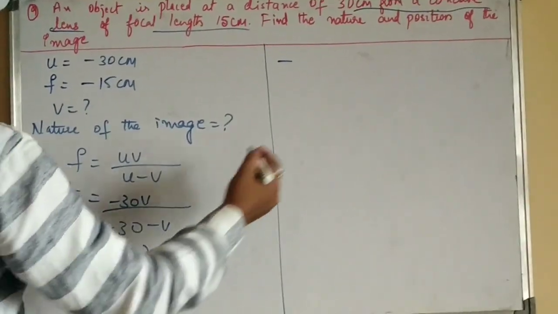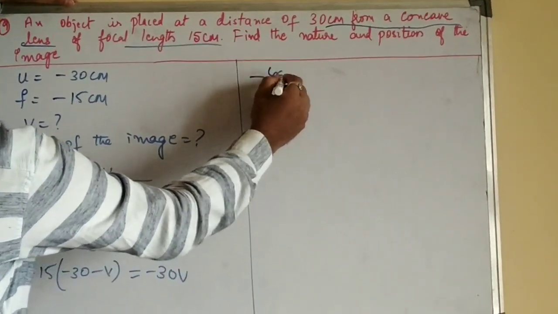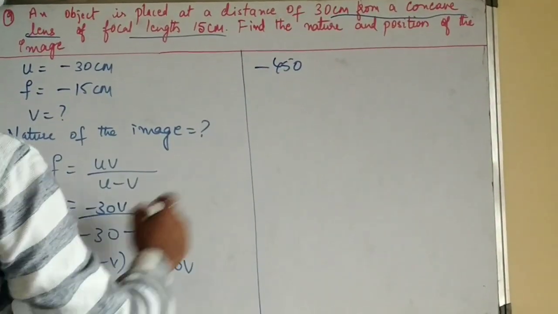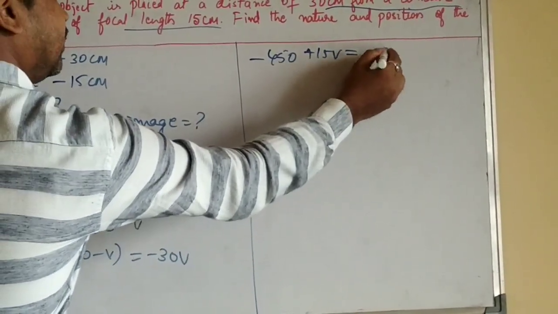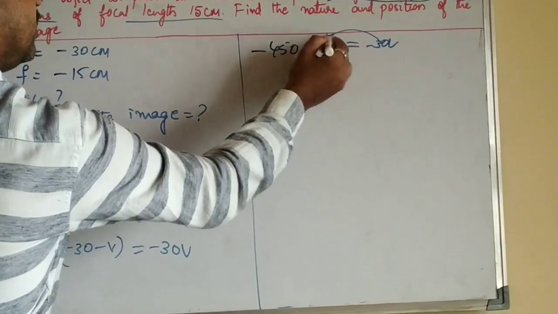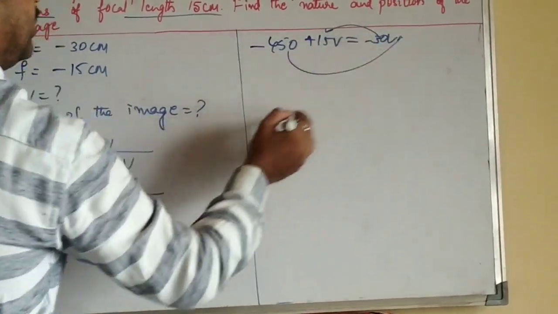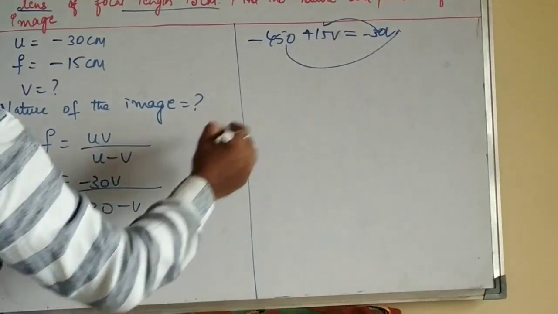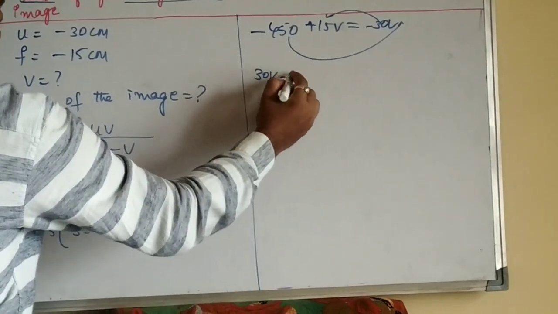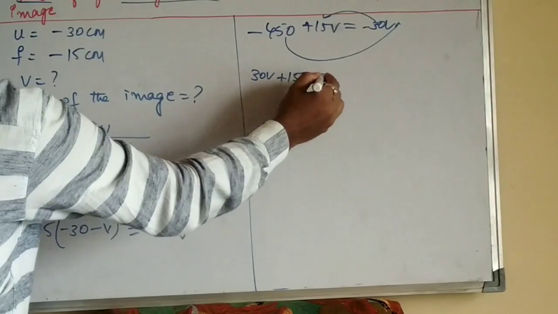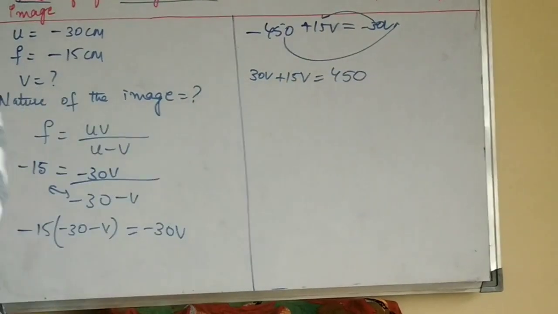Minus 15 threes are 45, so minus 450, then minus into minus is plus 15v, is equal to minus 30v. Bring this minus 30v to the left hand side, move that minus 450 to the right hand side. So you will get 30v plus 15v is equal to 450.